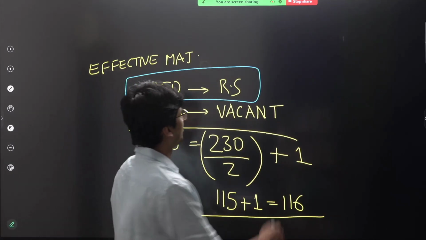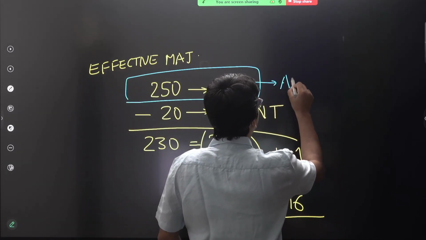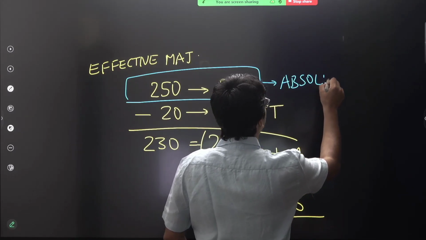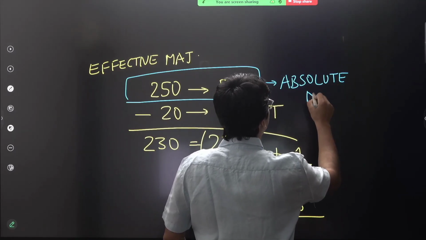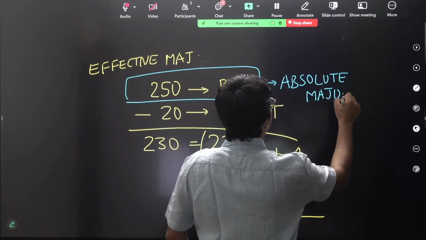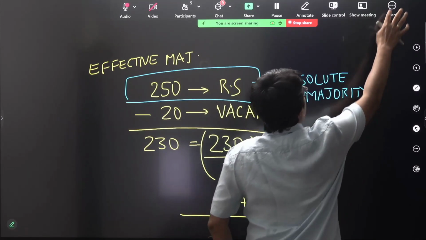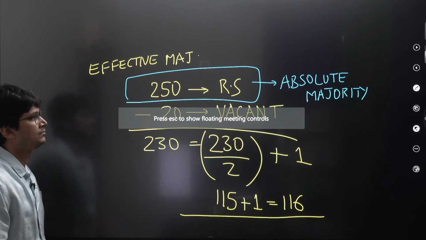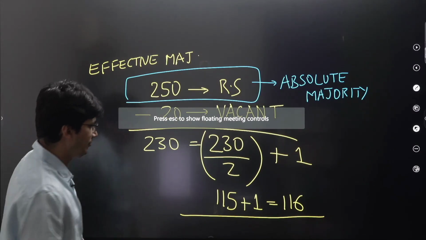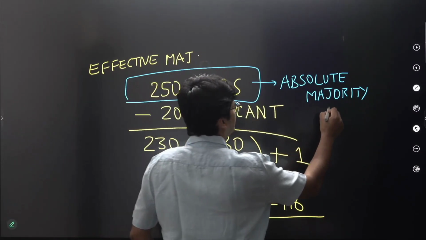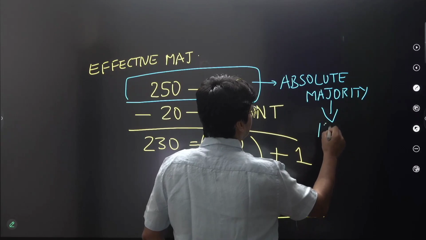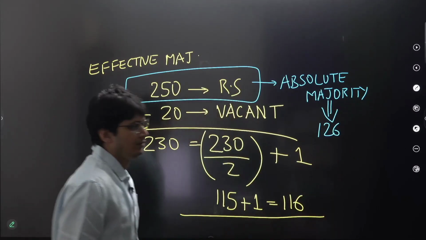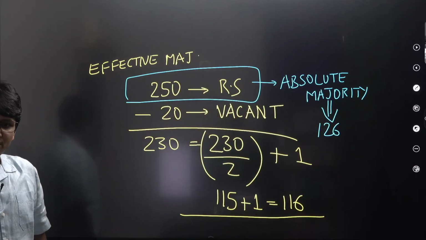What would be the absolute majority here? 126. Perfect. I hope all of you understand how it is 126.